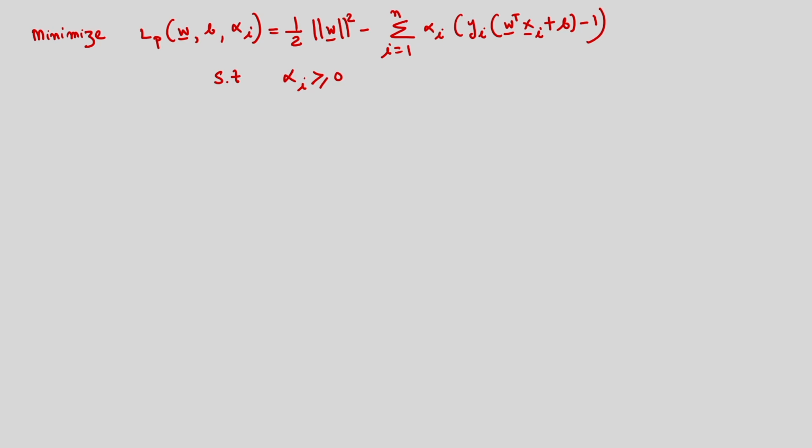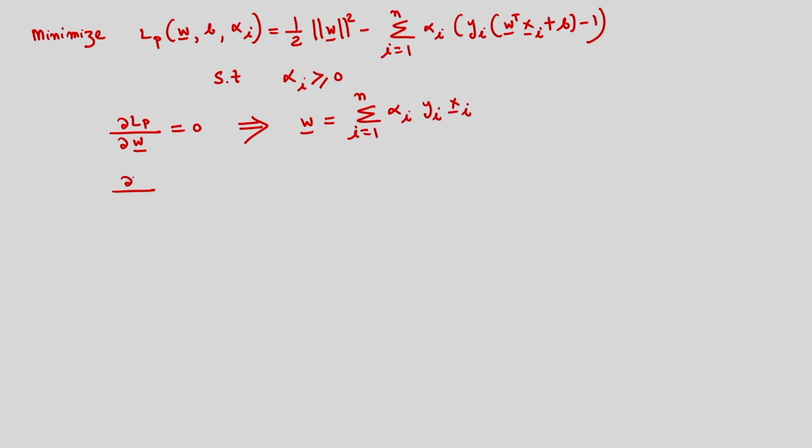So for this, we are doing the differentiation of LP with respect to the weight vector W and equating it to 0. So corresponding to this, if I do the differentiation, I will get the weight vector W equal to summation from I is equal to 1 to n alpha I yi xi.